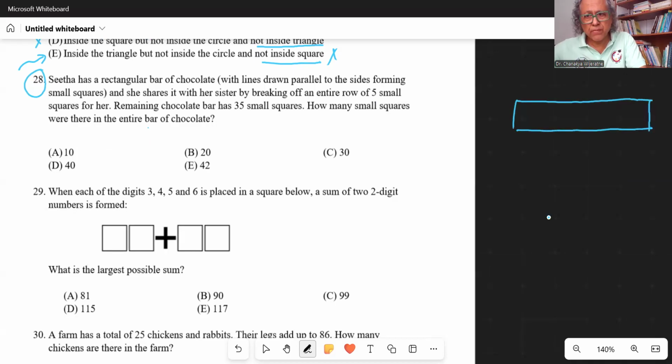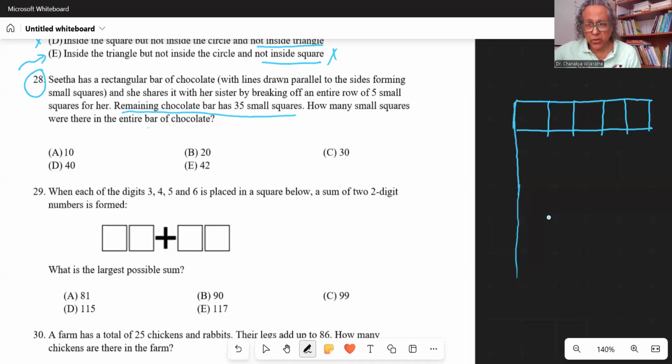So she actually breaks off an entire row with five small squares. The remaining chocolate bar has 35 small squares. So now, before she broke off this row of five small squares, how many columns were there?